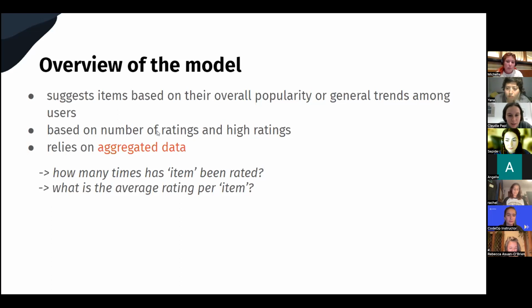And you use that data to check which products are more popular. Elements you can use are how many times the item has been rated, which is what we did, as well as the average rating per item. So essentially this is what it does.